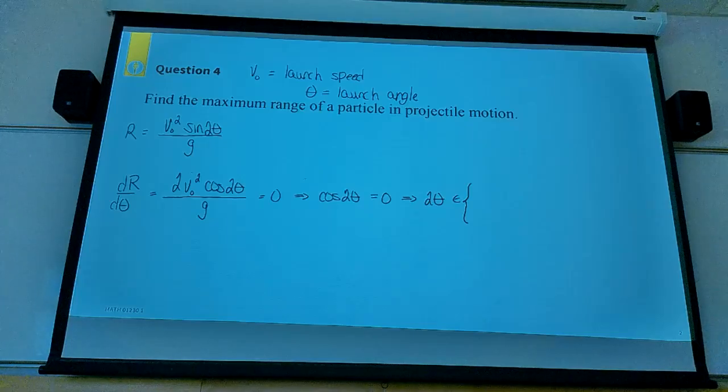Pi over 2, where else? And 3 pi over 2, and any number in the form pi over 2 plus n pi, where n is an integer.